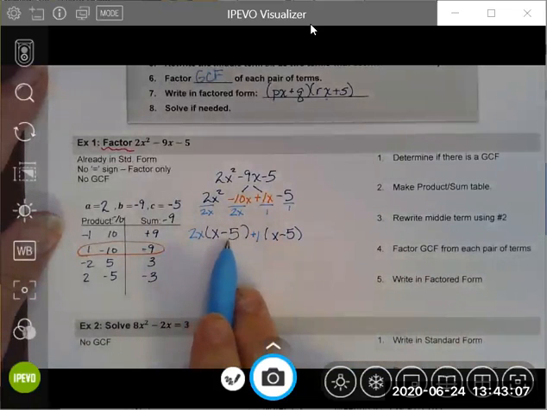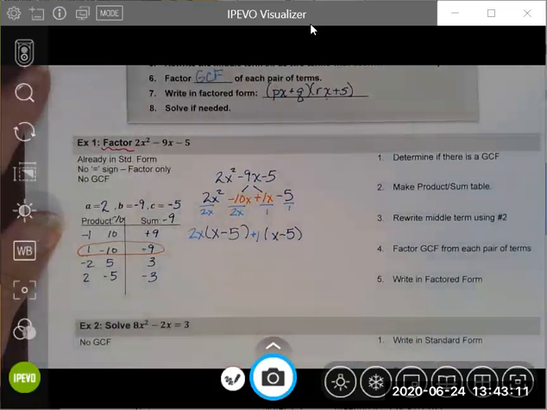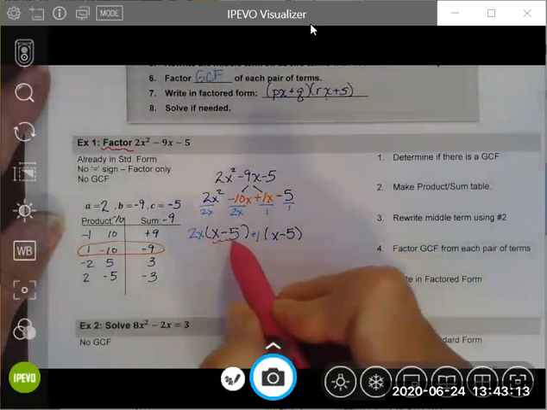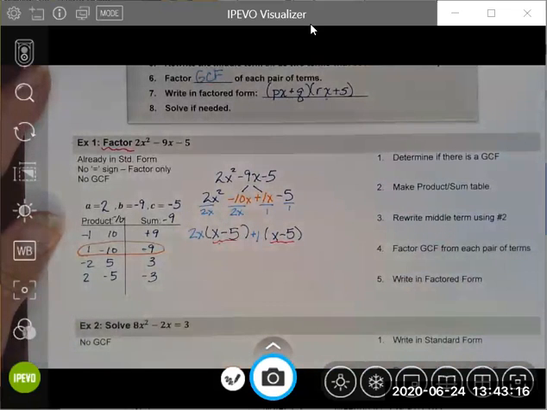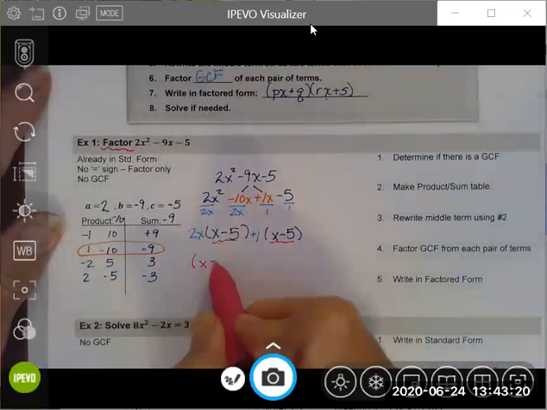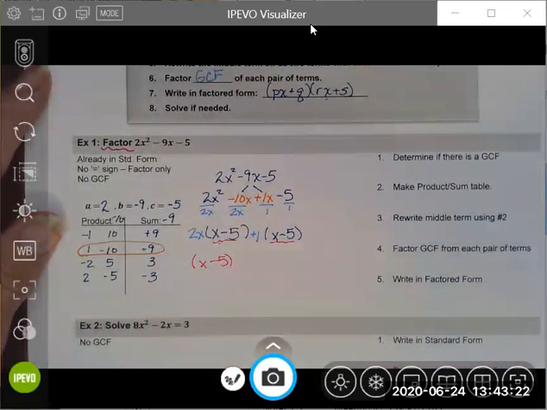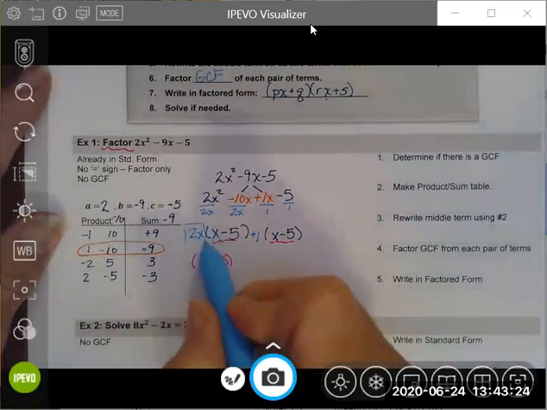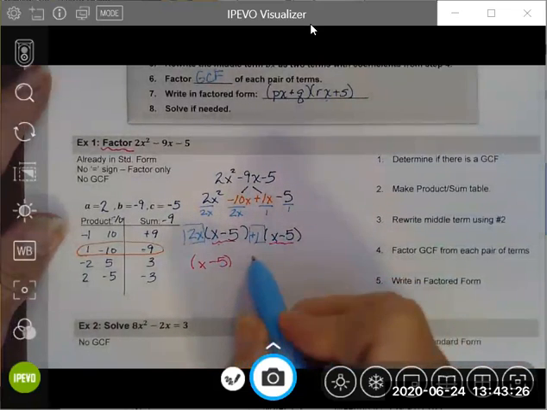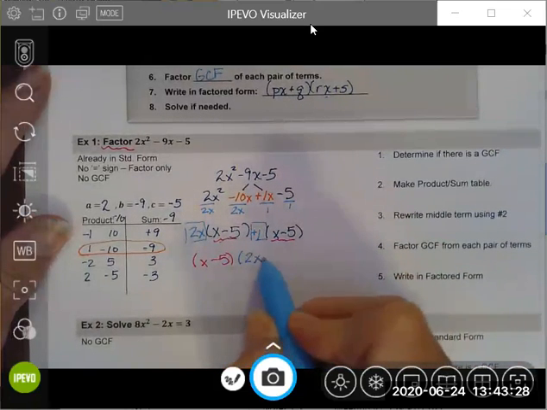I have undistributed, or I have factored out, x minus 5. You'll notice that it is the same binomial in my parentheses. That binomial is one of my factors. My other factor comes from the two greatest common factors that I factored out.